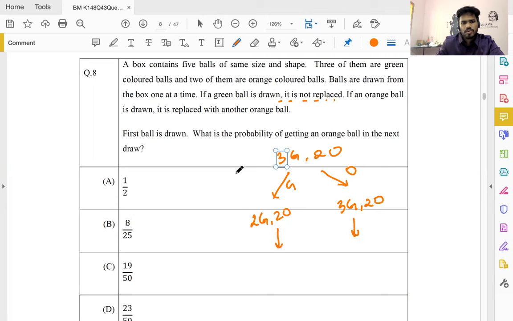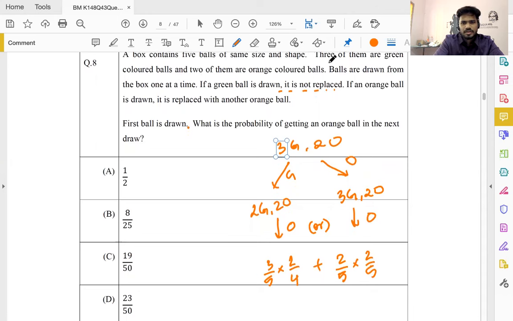Okay, what we want is, first ball is drawn. What is the probability of getting an orange ball in the next draw? Here we want an orange, here we want an orange. Okay, two cases. So notice you have to first pick a green, that is 3/5, into then an orange, 2/4, plus 2/5 into 2/5.